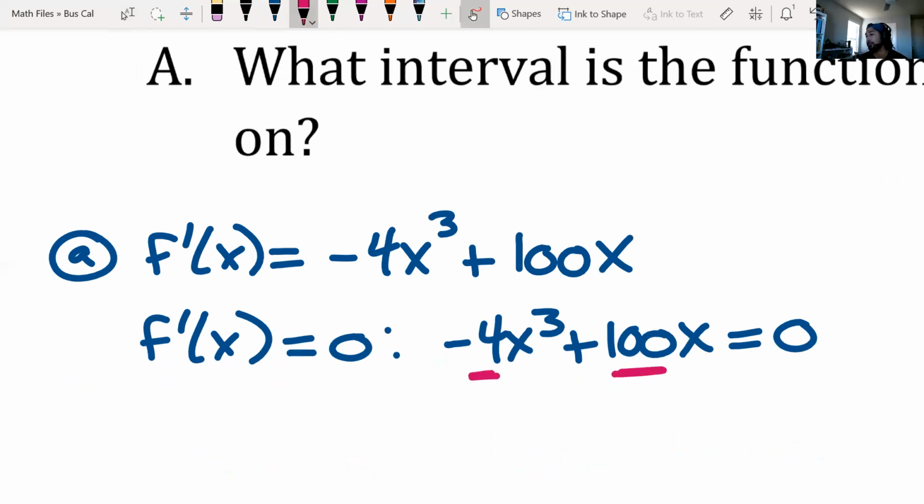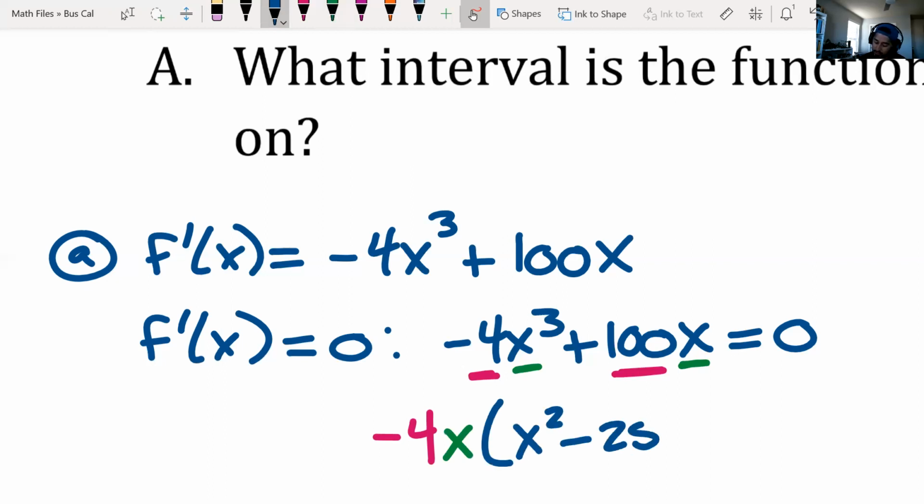What could I factor out? The negative 4x. Good. A negative 4 and an x, because I have an x cubed here and an x there. So I'm going to take out a negative 4x, and that's going to leave me with x squared minus 25 equal to 0.